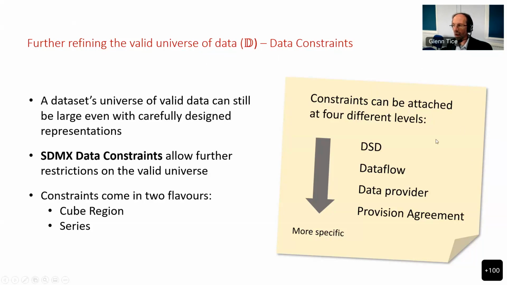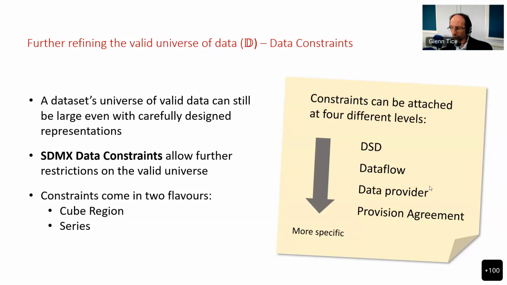So constraints under SDMX can be attached at a number of different levels. You can attach it at the data structure definition level, so a constraint applies to all uses of that data structure definition. Alternatively, you can attach it at the data flow level, so it may just be for a particular data flow, where obviously a data structure definition can be used for a number of different data flows. You might want a constraint to apply to just a particular data provider.